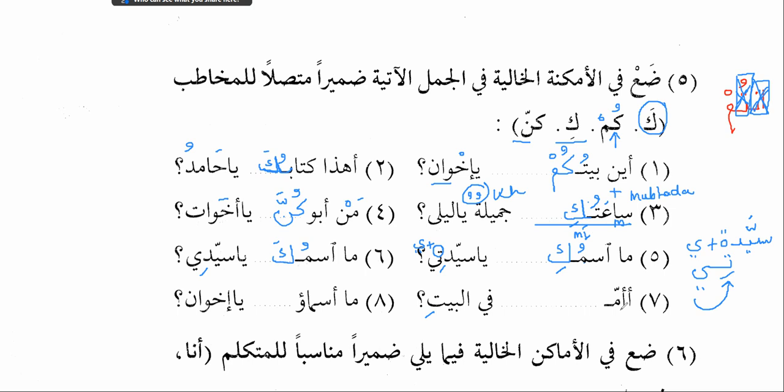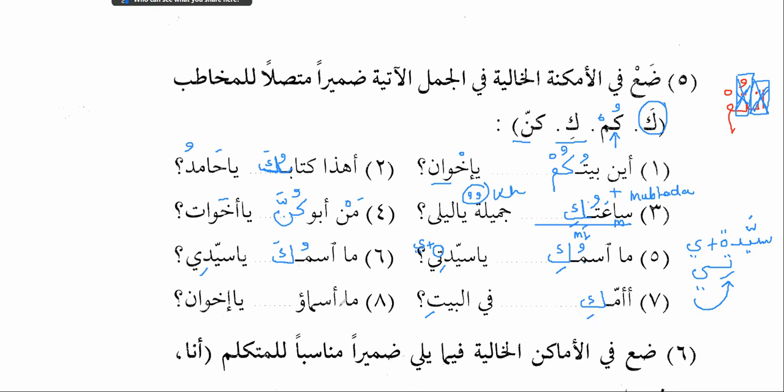You can write anything, as the gender is not clear in this sentence: ummukum, ummukunna, ummuki or ummuka. So I will choose ummuki.